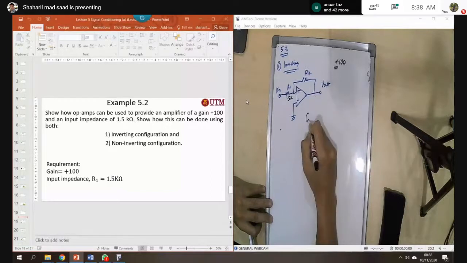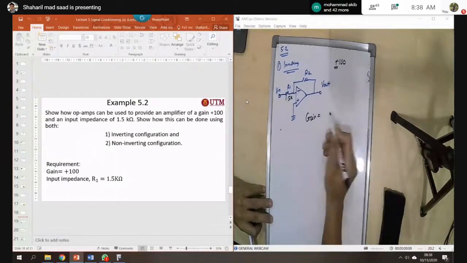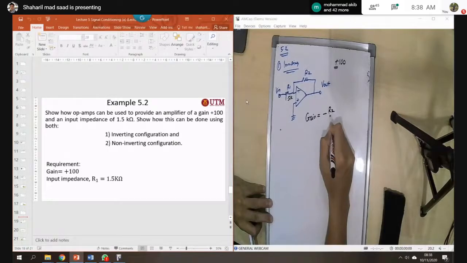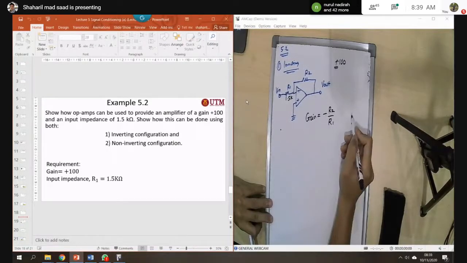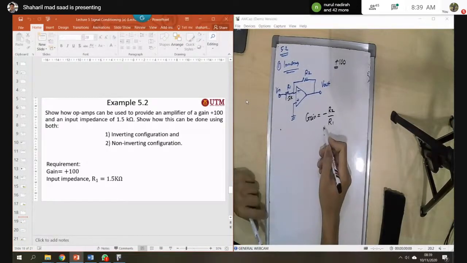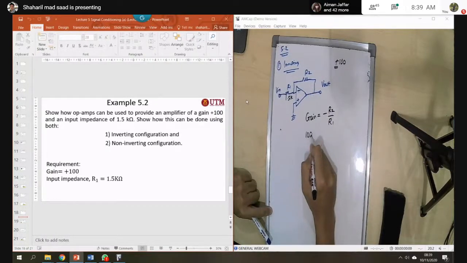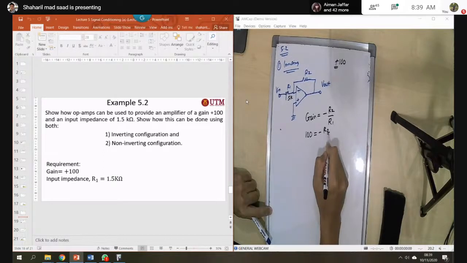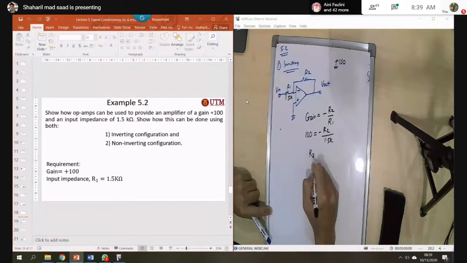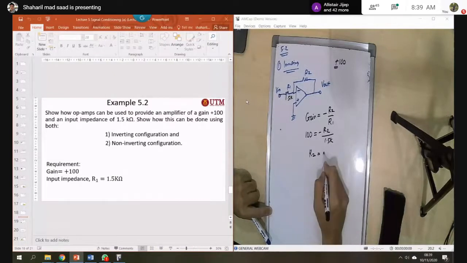When you calculate the gain, it becomes negative R2 over R1. So we can find the value of R2 first. Gain 100, minus R2 divided by 1.5.